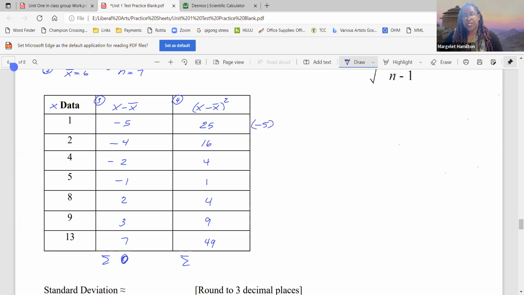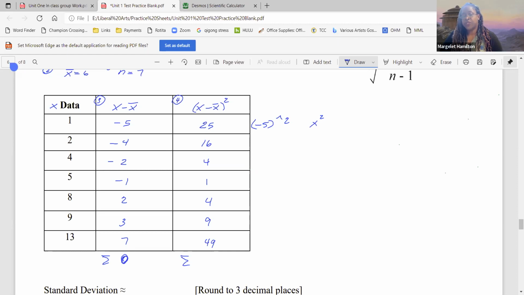You should put it in parentheses, your hat button, and 2. Now you should have an X raised to the second power button. It should probably be on a face button or in a second function. But if you don't find it, you can use your hat button and then push the 2. So this is one option.